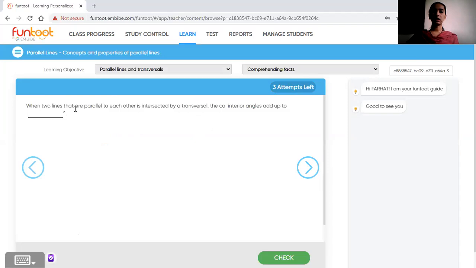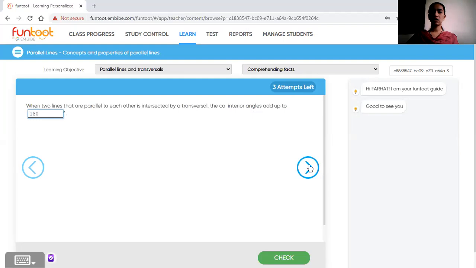When two lines that are parallel to each other are intersected by a transversal, the co-interior angles add up to dash degrees. Yes, the addition of the co-interior angles should be 180. Okay, students.